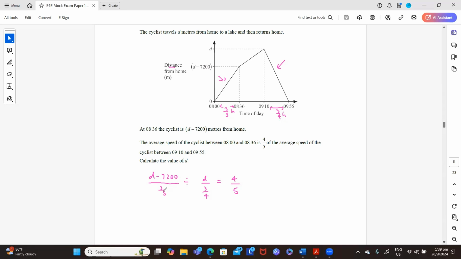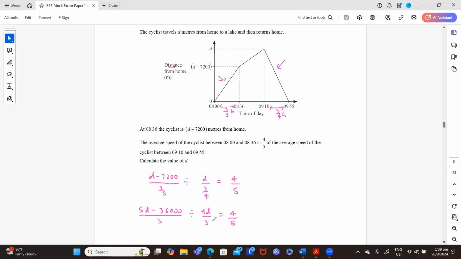If your fraction is a denominator, you can flip it as a reciprocal and write it as 5d minus 7,200 times 5, which is 36,000, divided by 4d over 3 equals 4 over 5.